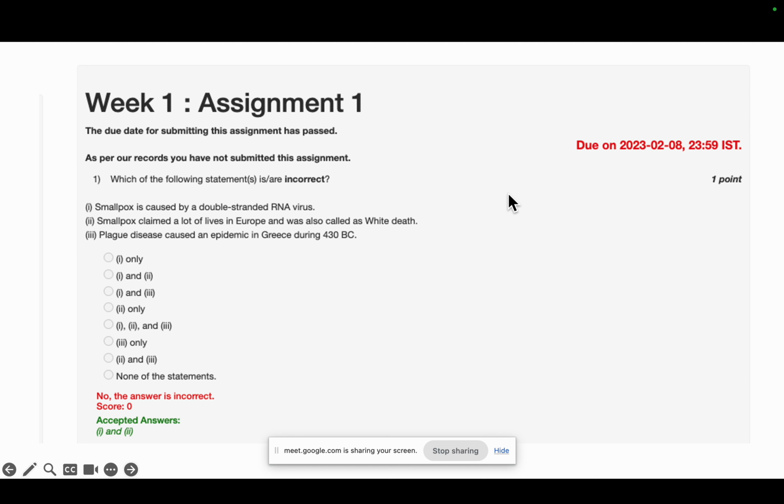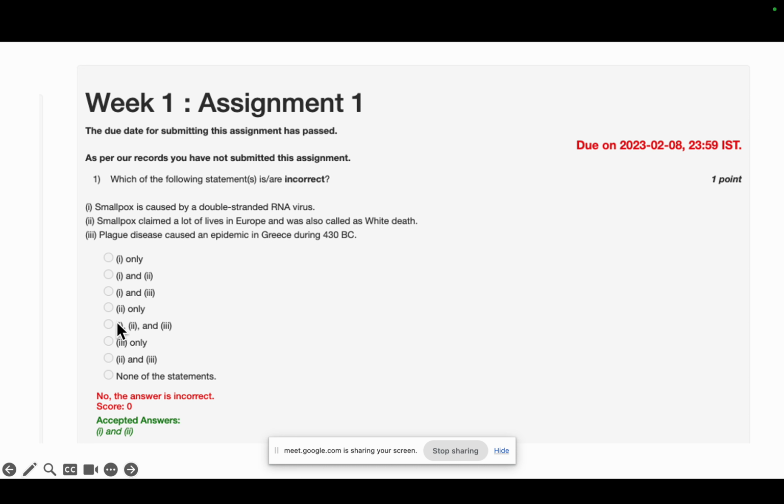So the first question is, which of the following statements is incorrect? First option, smallpox is caused by a double-stranded adenovirus. Smallpox claimed a lot of lives in Europe and was called White Death. Plague disease caused an epidemic in Greece during 430 BC. You have to say which of the statements are incorrect.